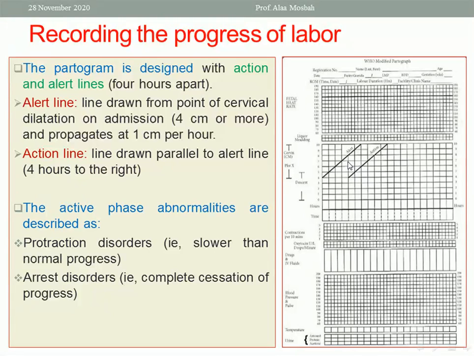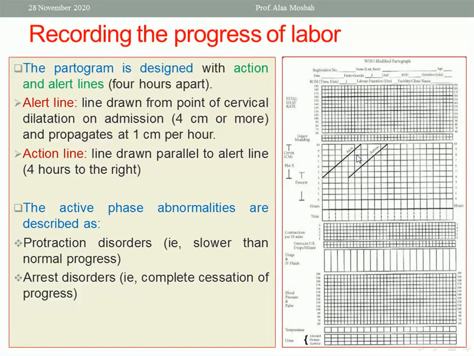So if there is weakness in uterine contraction, you may rupture the membrane and may use oxytocin infusion to cause stronger uterine contraction. Then, if labor progresses very well, it will go again to the left side of the alert line or stay in the area between the alert and action line, but not passing to the action line, till reaching 10 centimeter and delivery.